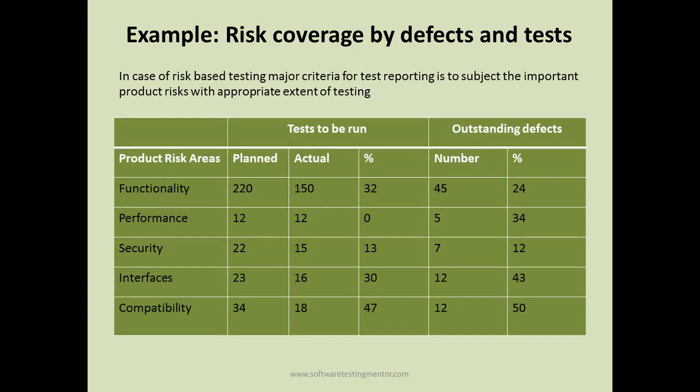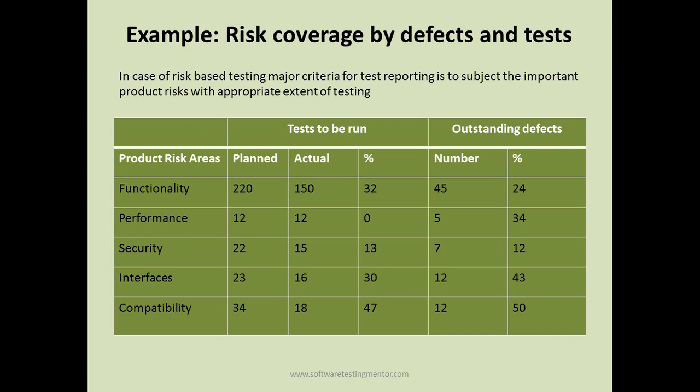how many test cases and what percentage of defects have been fixed for that feature. So in this table, if you see, suppose you're doing risk-based testing, you can have a template and divide the functionality and product risk areas based on the risk. So suppose functionality, performance, security, interfaces, compatibility.